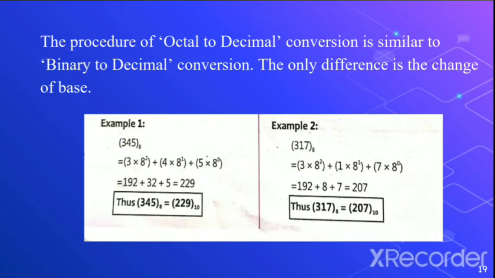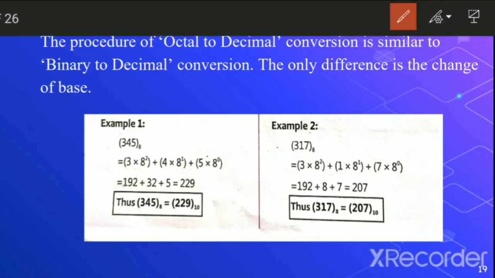Now let's look at the example of how this conversion is done. First we are taking example number 1. In this we have to convert 345 octal number into decimal number system. Now see, octal number system is having the base 8, whereas decimal number system is having the base 10.